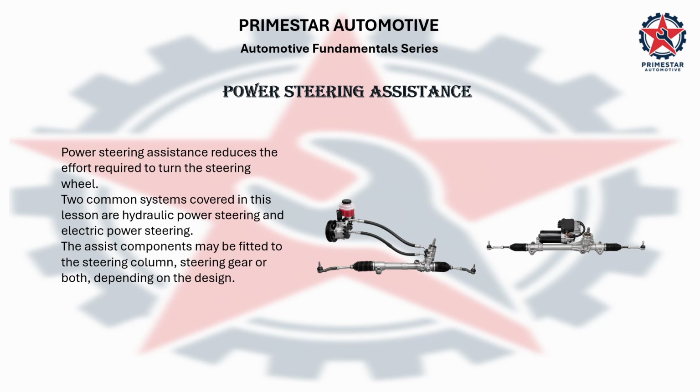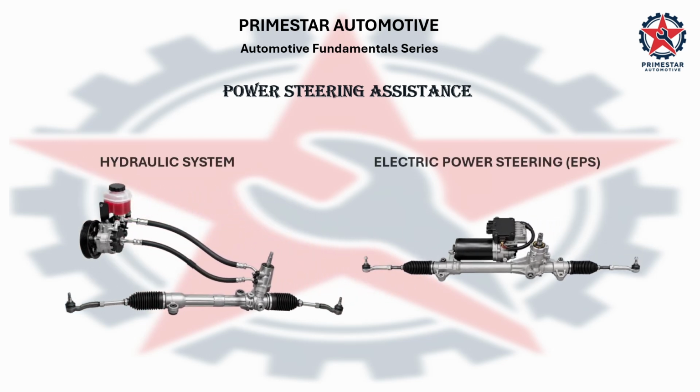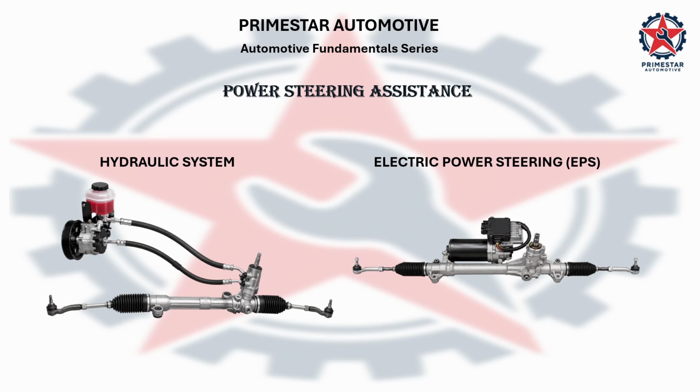There are two common types covered here in this lesson. They are the hydraulic power steering system and the electric power steering system. The hydraulic power steering uses pressurized fluid, and the electric power steering uses an electric motor. We will explore their details and operation in our future lessons.